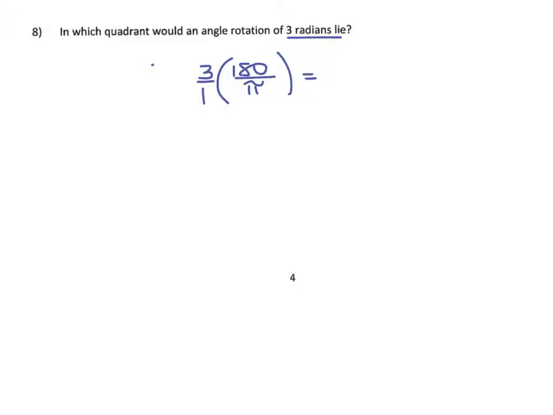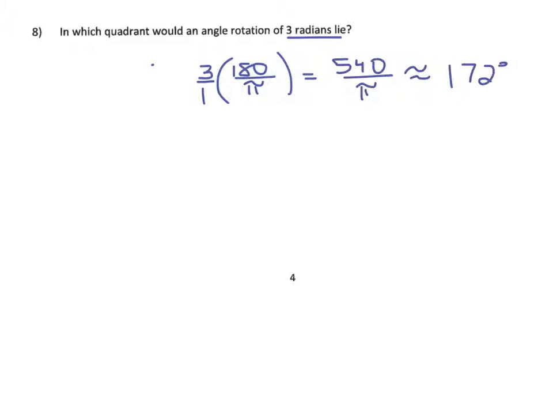Okay, so let me just put this 3 over 1. So if we multiply our numerators, 3 times 180 is equal to 540. And then in the denominators, 1 times pi is just pi. So if we plug in our calculator 540 divided by pi, that's going to give us approximately 172 degrees.